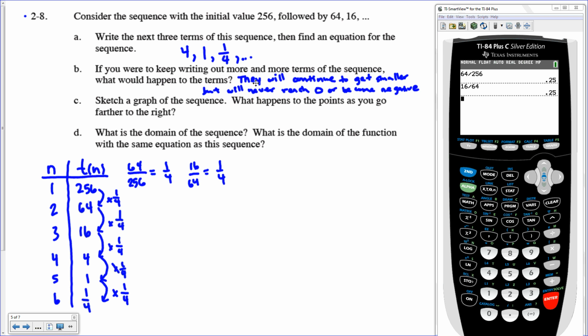I realize that may be hard to read. So it says they will continue to get smaller, but will never reach 0 or become negative.